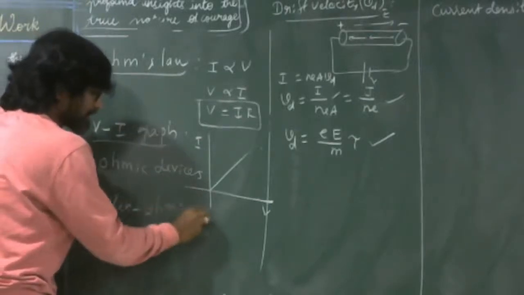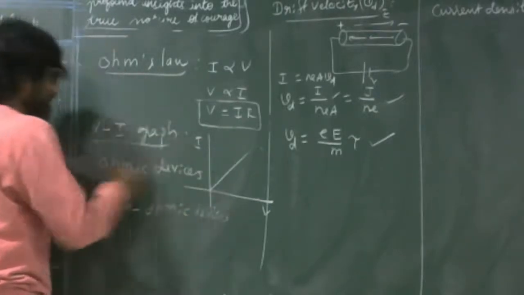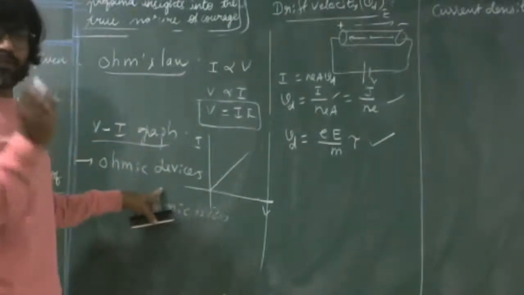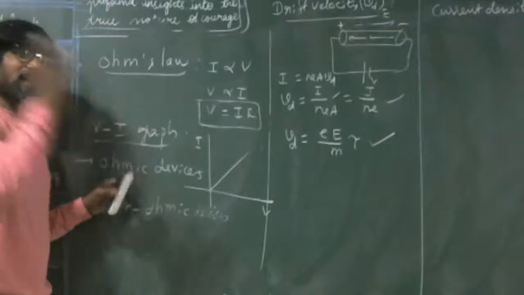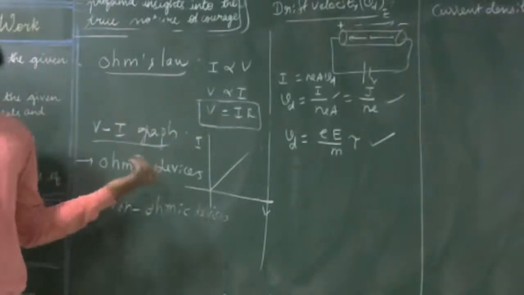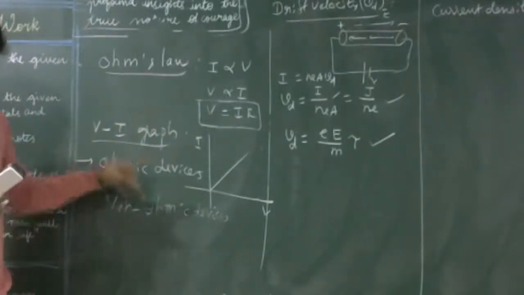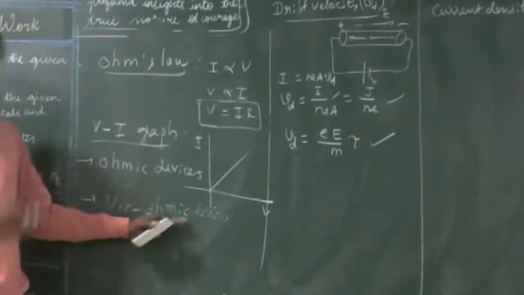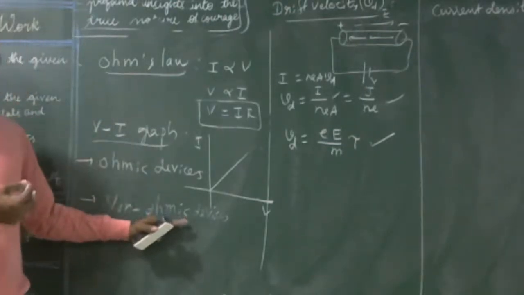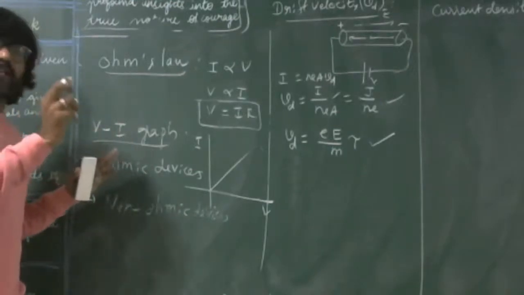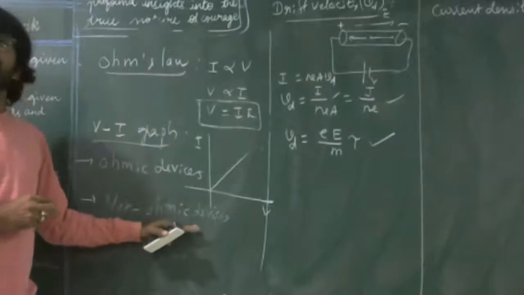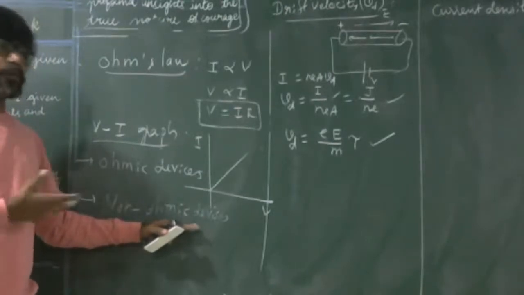Examples of ohmic conductors or ohmic devices are all metals. Whereas examples of non-ohmic devices are all semiconducting materials, for example diode, transistor, triode, vacuum tube, etc.